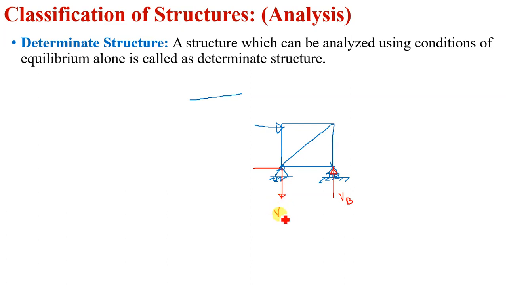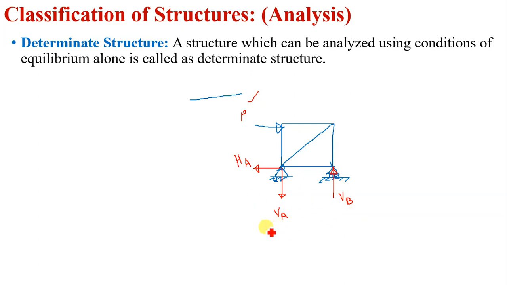You can assume any direction. If you assume the upward direction and you get a negative answer, then you can reverse the direction of the reaction. Here I am selecting the correct direction, and this is HA. So there are three unknown reactions. If you apply summation Fx is equal to 0, you will have the answer HA is equal to P. So one reaction is known.